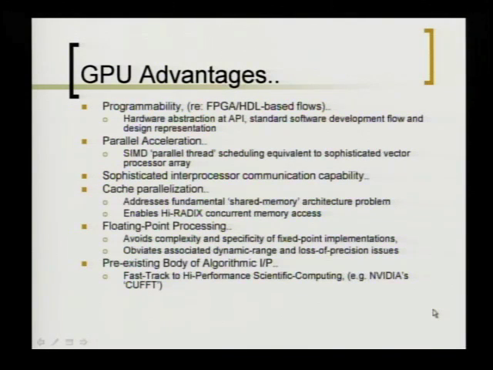So a major advantage to be associated with GPUs is that they're programmable. And then also you get a very significant hardware abstraction at the application programming interface. For the NVIDIA devices we use, that interface is called CUDA. And for the ATI devices, I think it's called DPVM. I always get the V and the P mixed up.